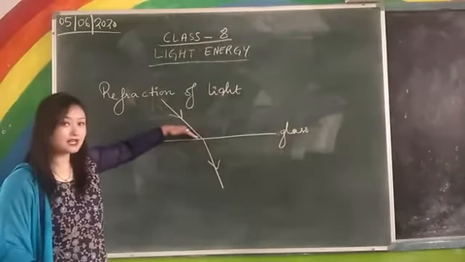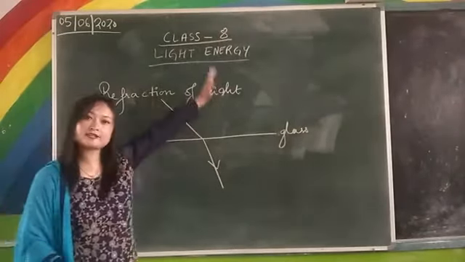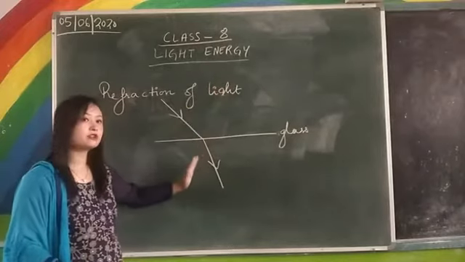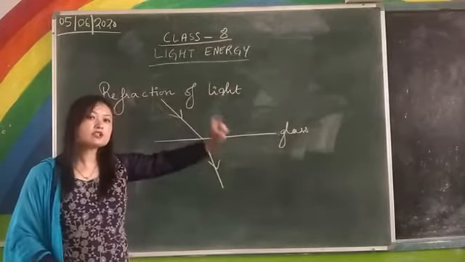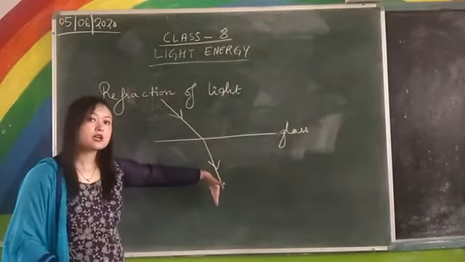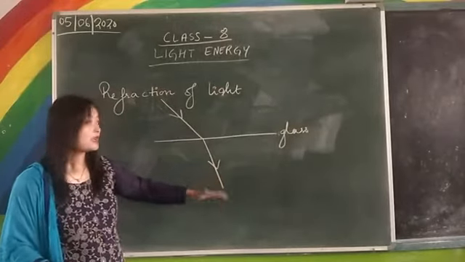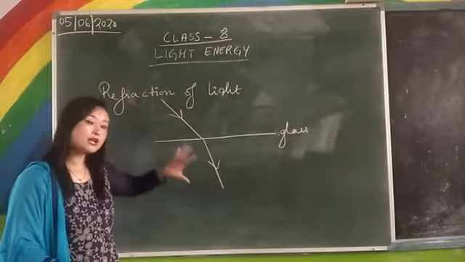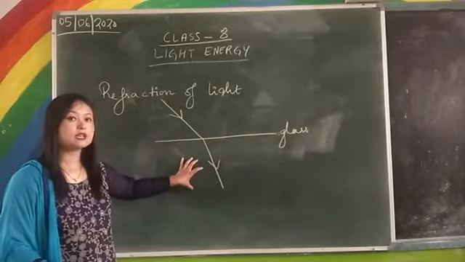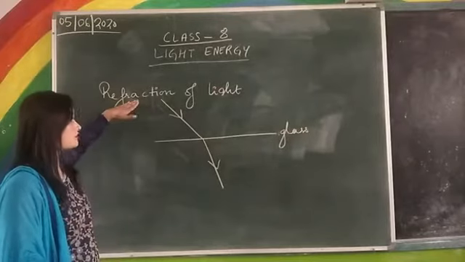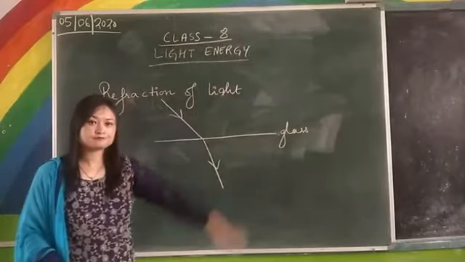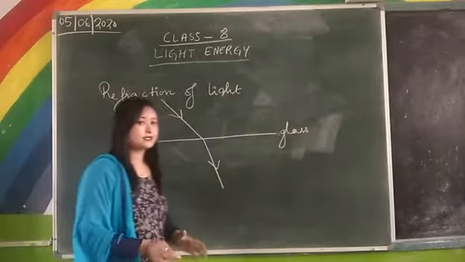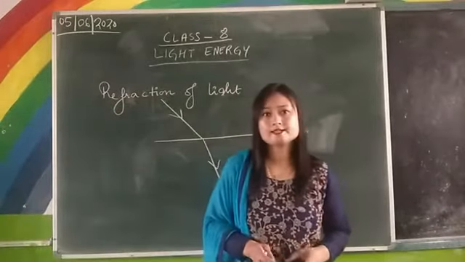Now if it strikes the glass, what happens? A part of it gets reflected back, but a part of the light will enter through the glass. So if a ray of light passes from one medium to another medium, then that phenomenon is called refraction of light.